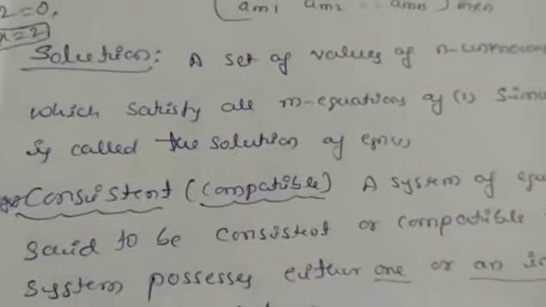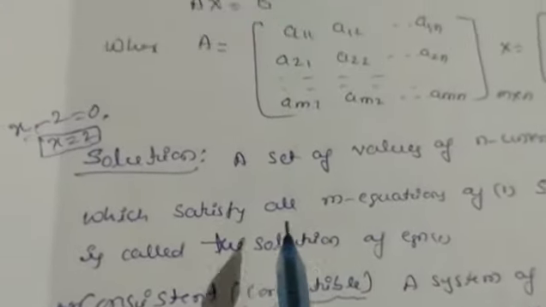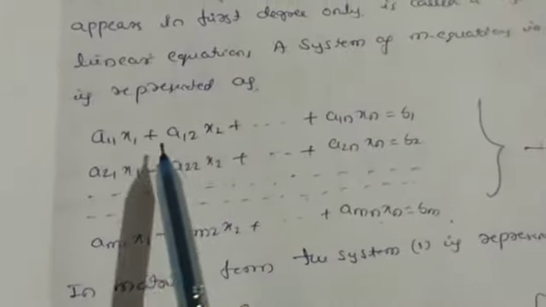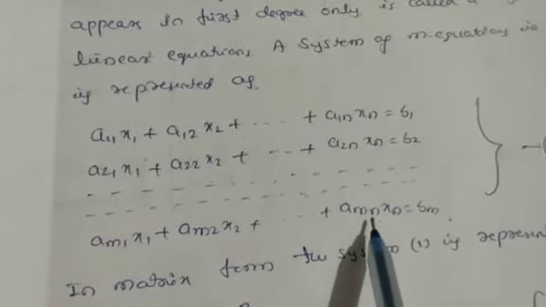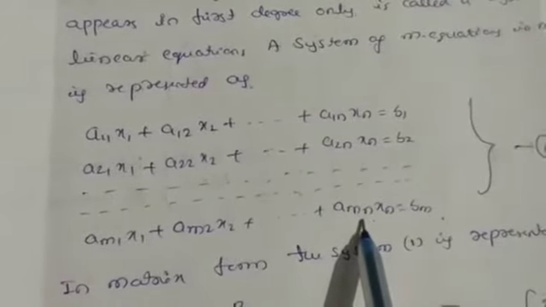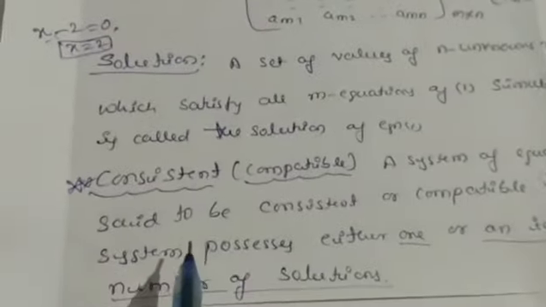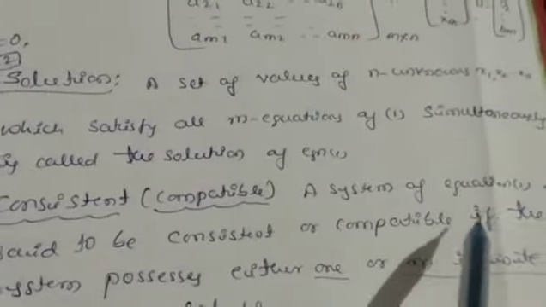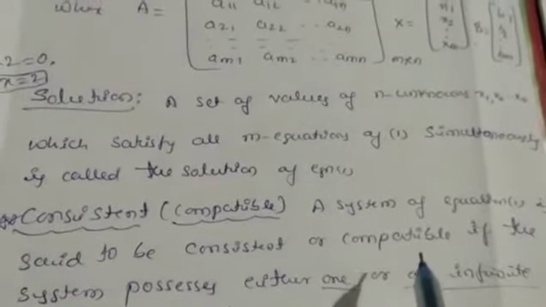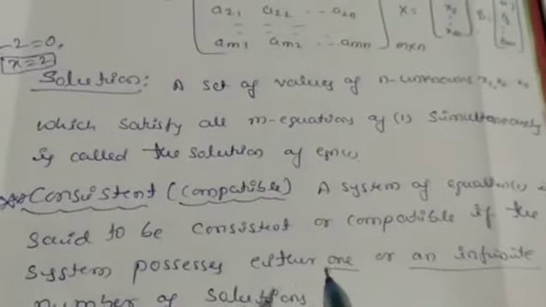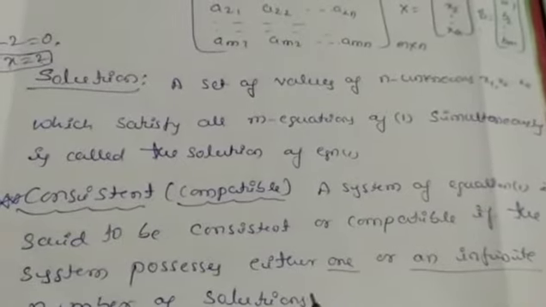So consistent means, here we have these equations. A system of equations is said to be consistent if the system possesses either one or an infinite number of solutions.